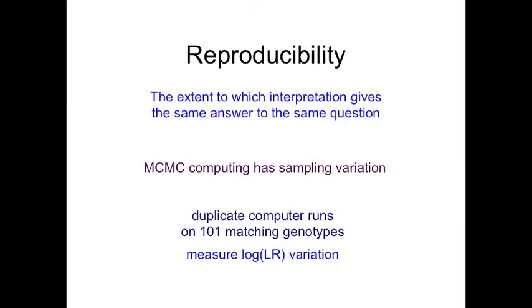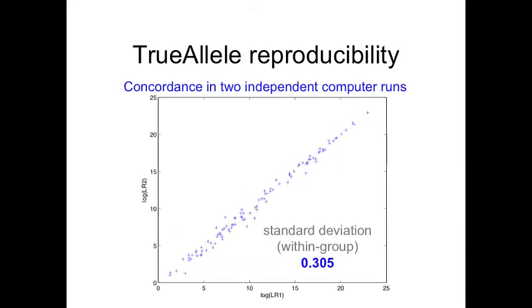So in order to check that sampling variation of how the computer solves the problem, we compared that. The x-axis is for the match statistic on the first computer run. The y-axis is for the match statistic on the second computer run. If the numbers were absolutely identical, they would all line up at 45 degrees where y equals x.